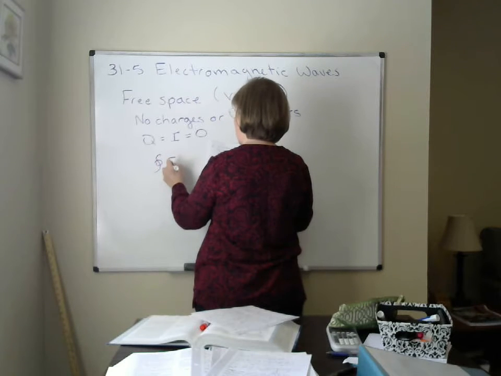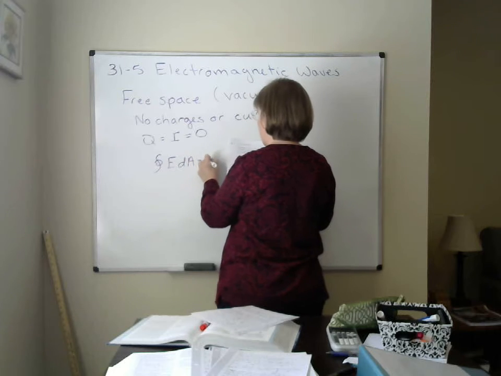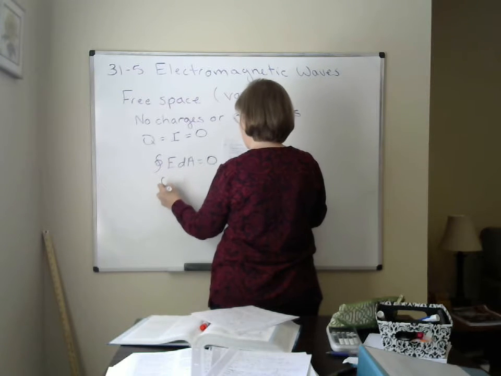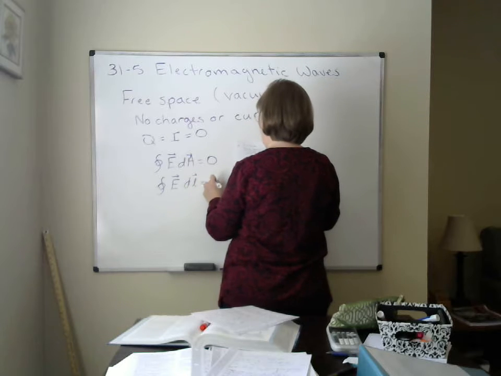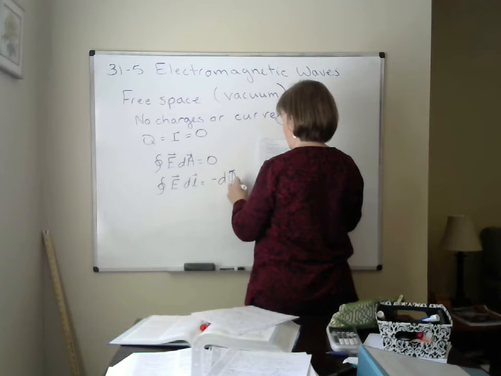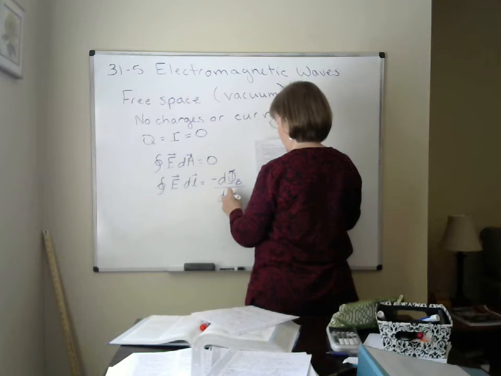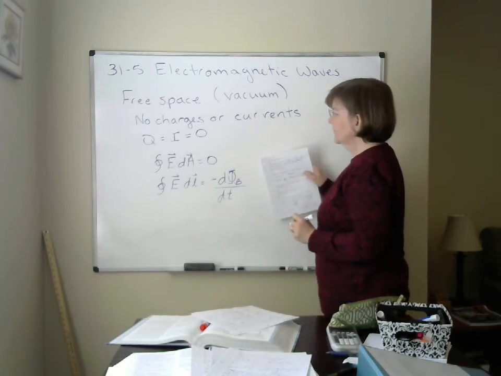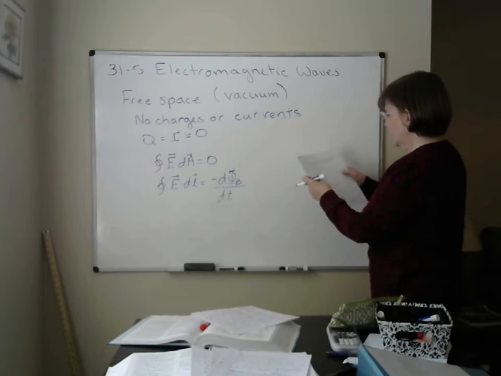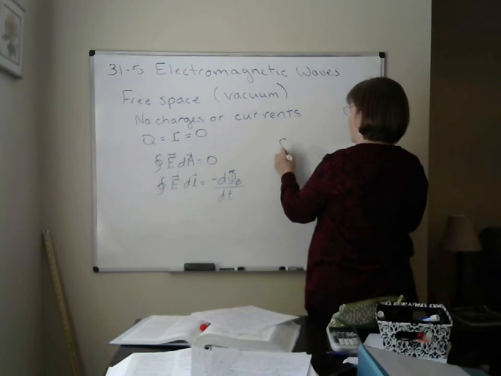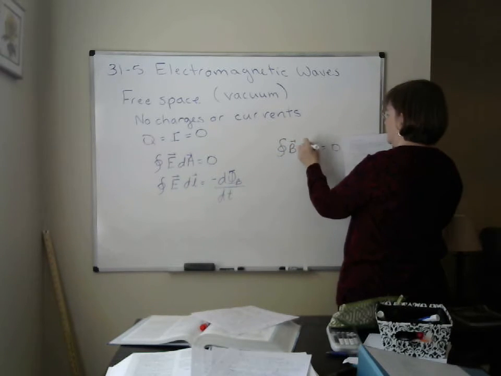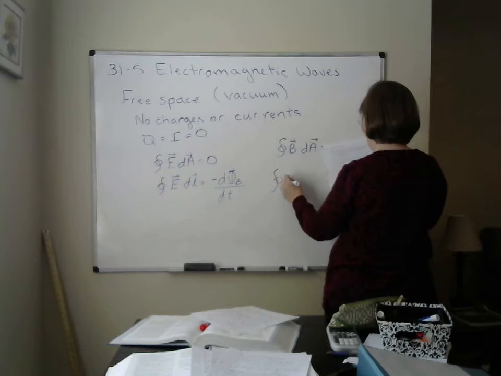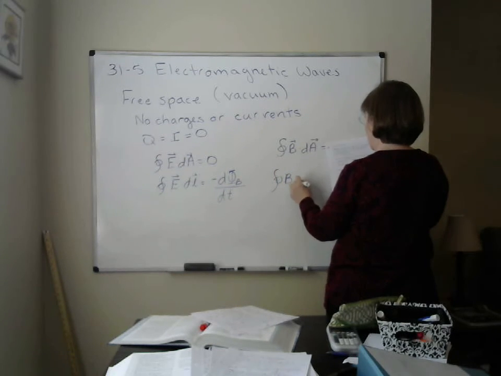The first one, E dot dA, will equal 0 because there's no charge. And this one, E dot dL, will equal negative the change in flux. That's Faraday's law right there. The second one, the one for magnetism, already equaled 0. And the fourth one, since there's no current, looks like this.